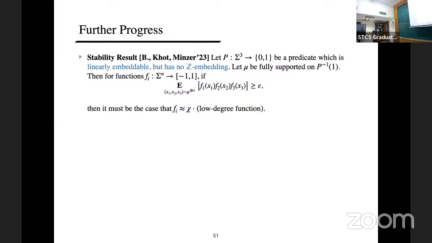If this expectation happens to be large, what can you conclude about this function f? f looks like a linear function times a low degree function.